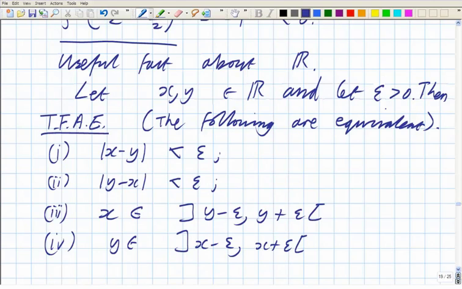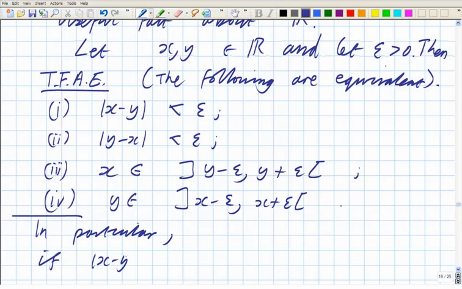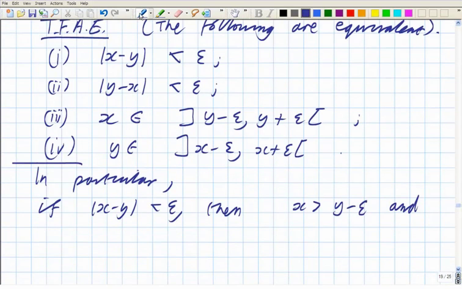This generalizes to R to the d. If x is in the ball centered on y radius epsilon, then y is in the ball centered on x radius epsilon, and conversely. In particular, if mod x minus y is less than epsilon, then x is greater than y minus epsilon, and y is greater than x minus epsilon. Actually, that's another one that's equivalent, if you put both of those together. And we'll use that in the middle of this proof somewhere.